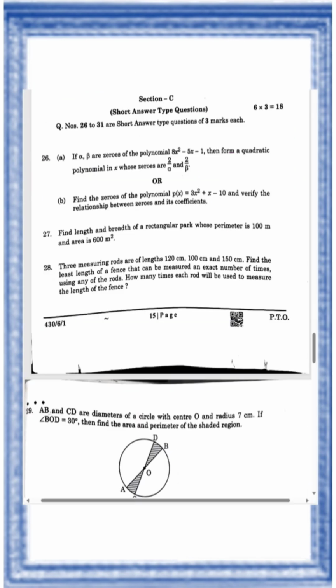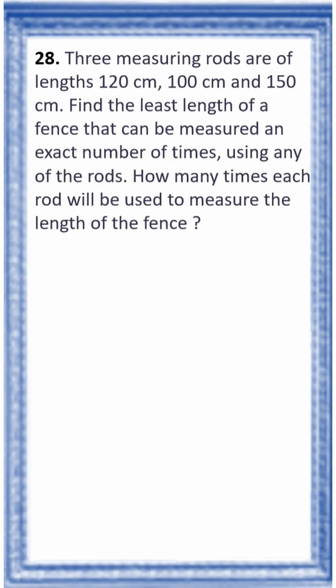Now let us solve 28th question of section C, which carries 3 marks. The question is, 3 measuring rods are of length 120 cm, 100 cm and 150 cm. Find the least length of a fence that can be measured an exact number of times using any of the rods. How many times each rod will be used to measure the length of the fence?